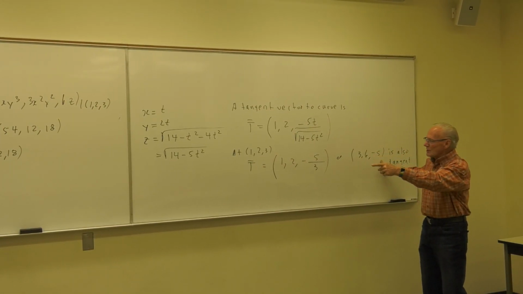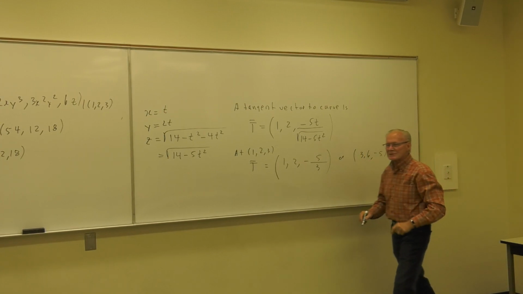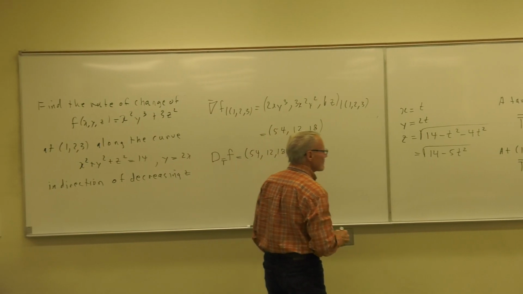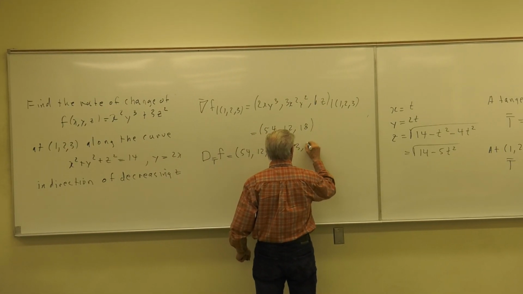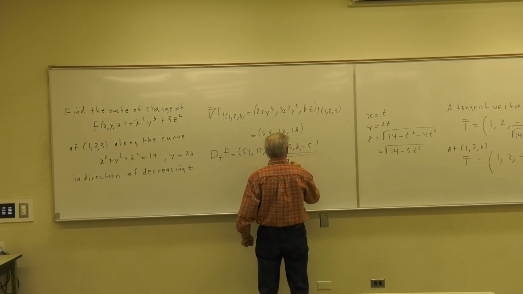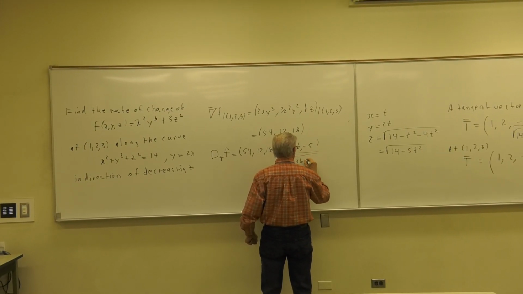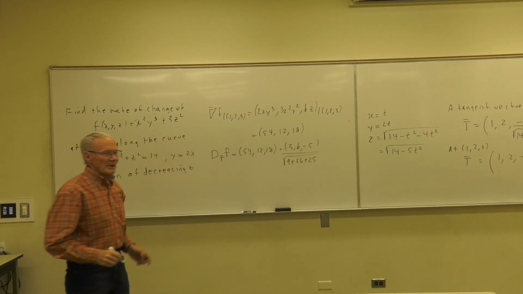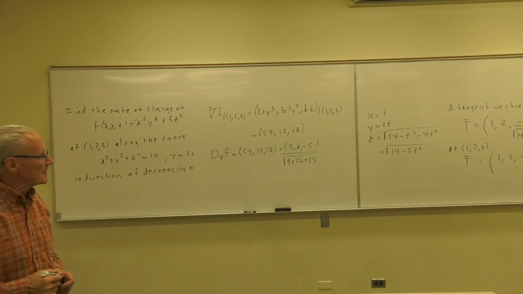If that had said increasing, I would have changed these signs. So we now need the unit vector, that's 3, 6, minus 5 divided by its length, the square root of 9 plus 36 plus 25. So I need you to do that dot product and get the final answer.